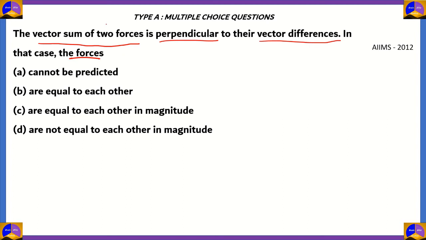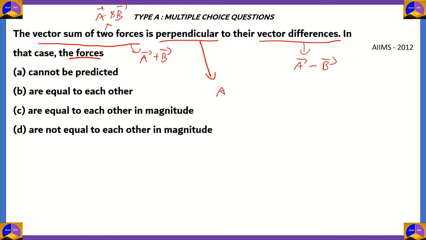So let's consider the two forces as vector A and vector B, say. The vector sum can be written as vector A plus vector B, and the vector difference can be written as vector A minus vector B. Now, here it is said that the sum and the difference are perpendicular to each other.